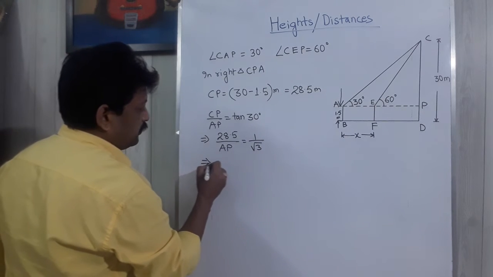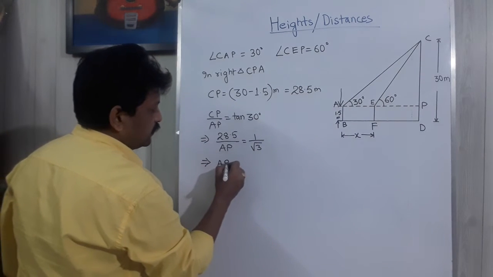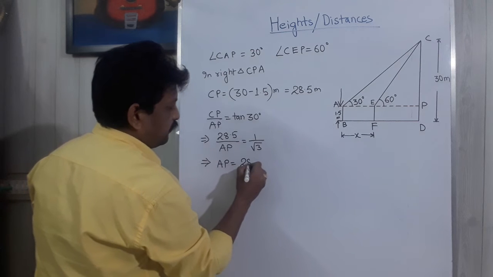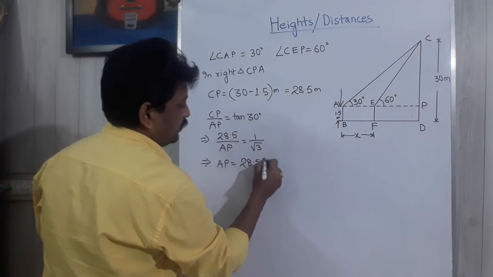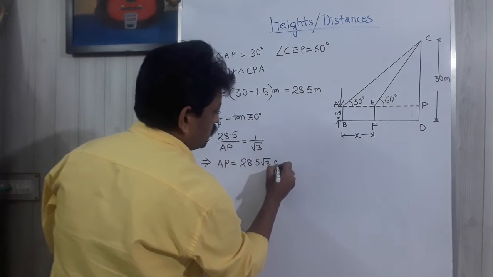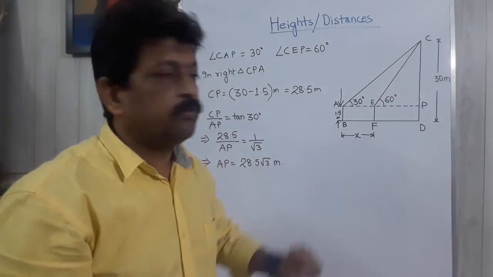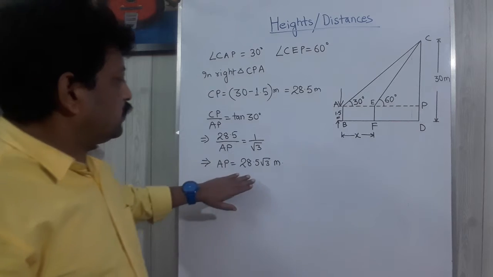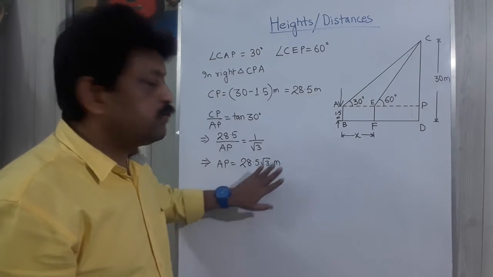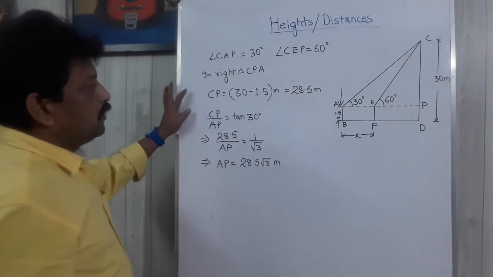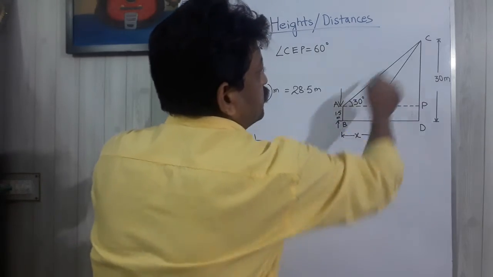Therefore, by cross multiplication we get AP equals 28.5 root 3. This is in meter, as it is given in the diagram also. So the unit of height and distances will be meter. Okay. So this right triangle CPA is done.